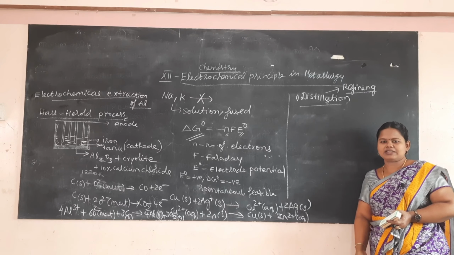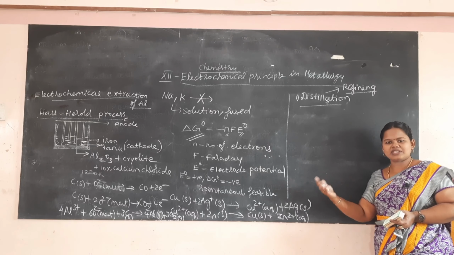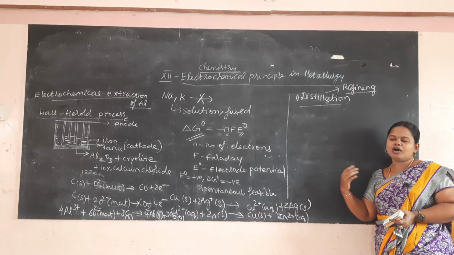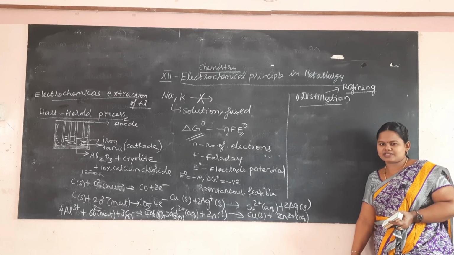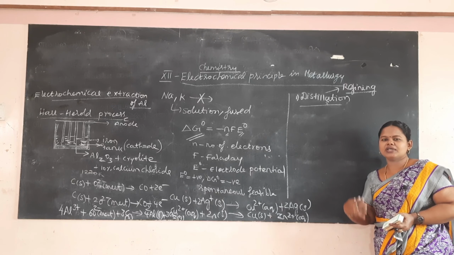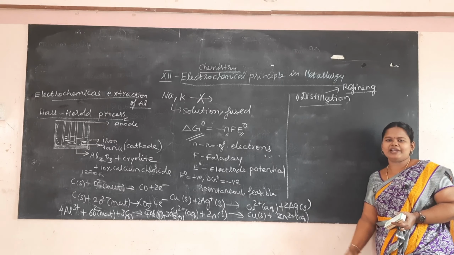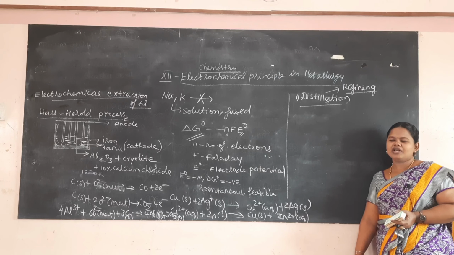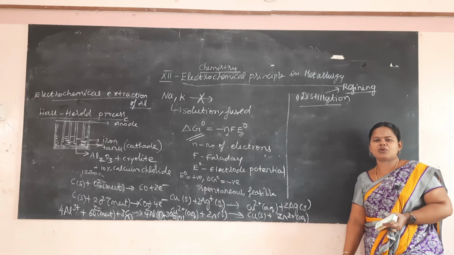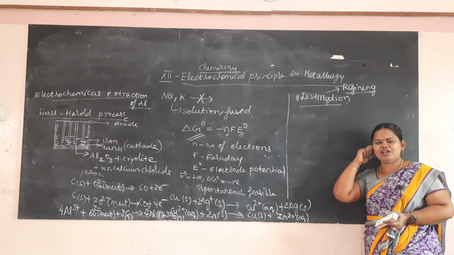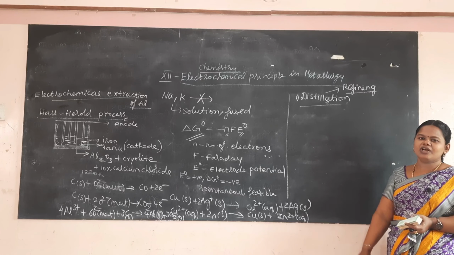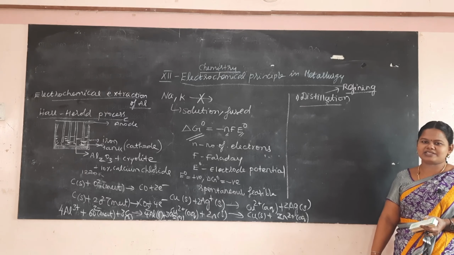If any other oxide or other metal or impurity is present along with the extracted metal, we remove it from the crude metal. That is known as the refining process. The process of removing impurities from the crude metal is known as refining. So we purify the crude metal obtained at extraction.